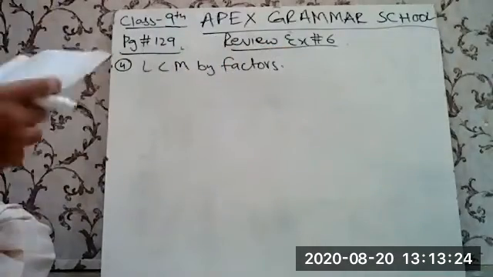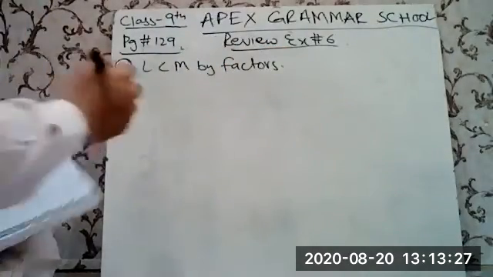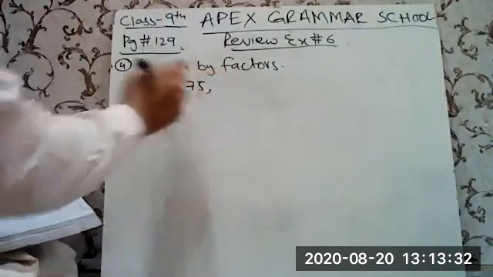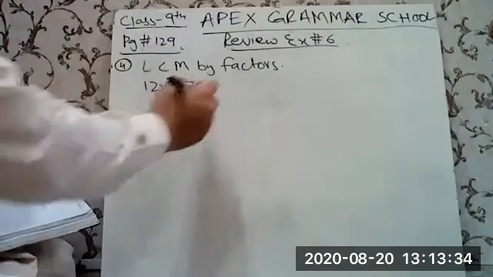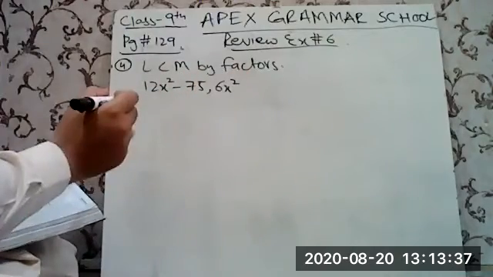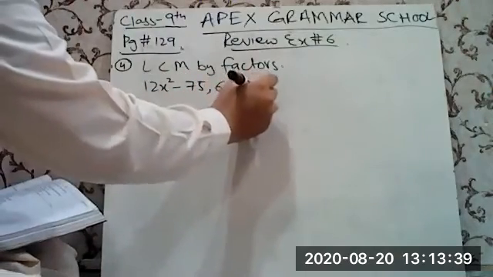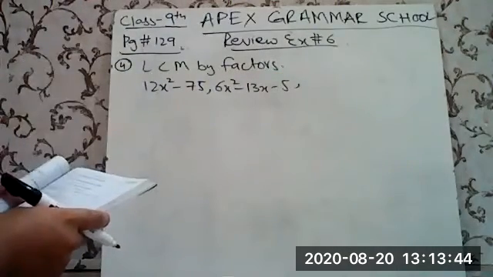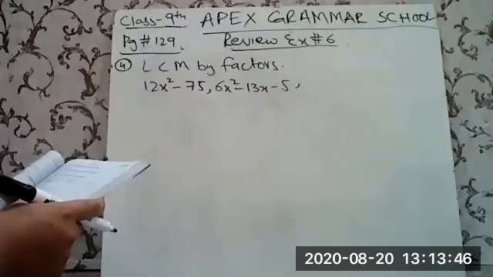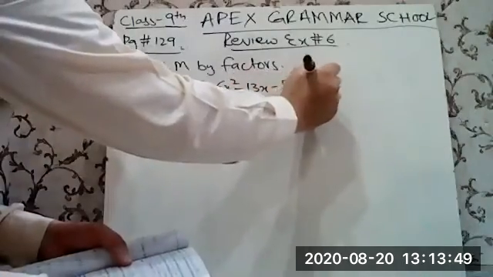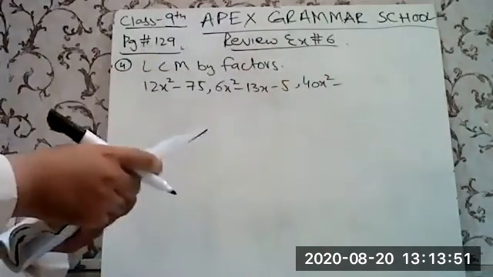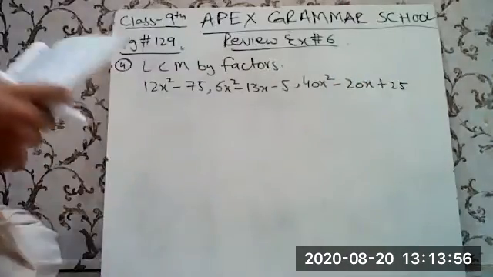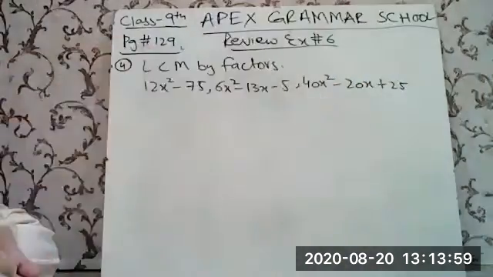The question is 12x square minus 75, 6x square minus 13x minus 5, and 40x square minus 20x plus 25. We need to find the LCM of that.